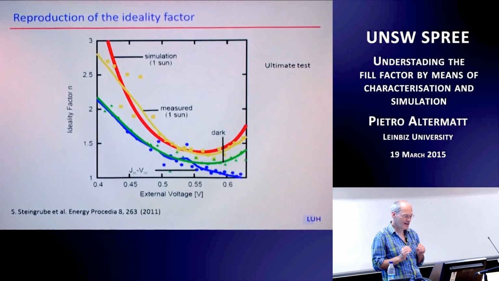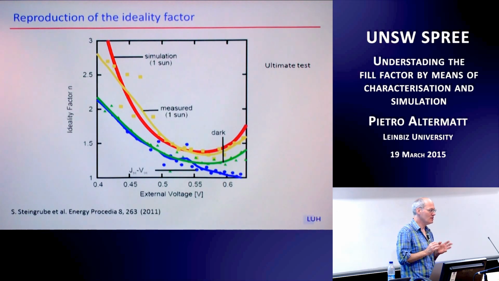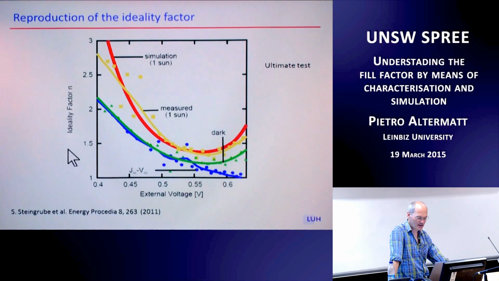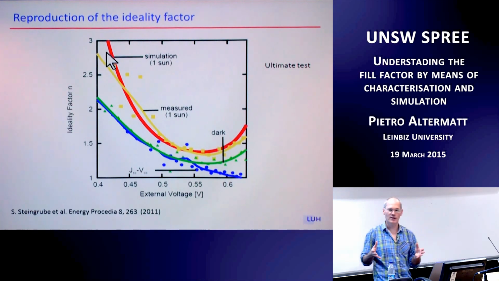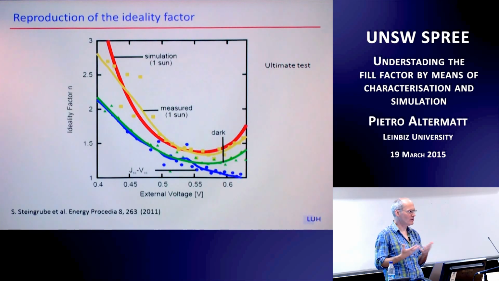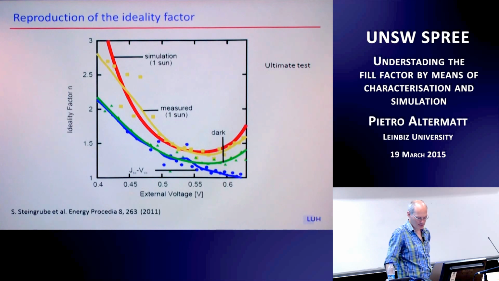And the ultimate test whether your simulations work quite well is actually when you simulate the ideality factor as a function of bias. And you see here the measured curve is yellow, and the simulated one is red. And it works fairly well if you got the right input parameters to your model. And what's a good set of input parameters we will see shortly.